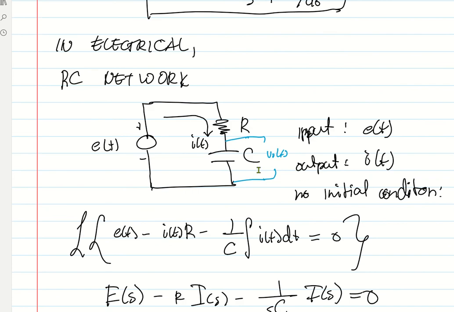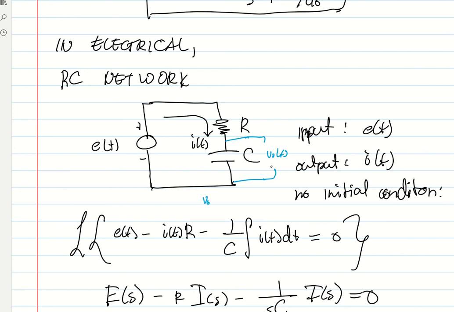So for you to derive this, instead of 1 over C integral of I dt, it should be in terms of V out. In the equation, there should be no term that involves the current. So change all the current to be in terms of the voltage V out. And what's the relation between the voltage and the current?